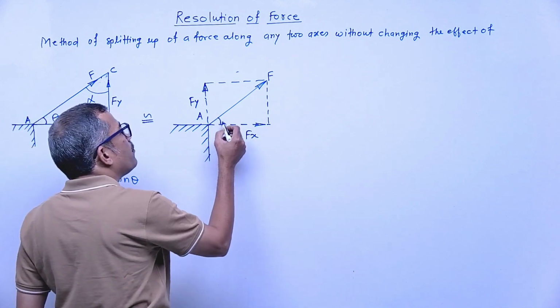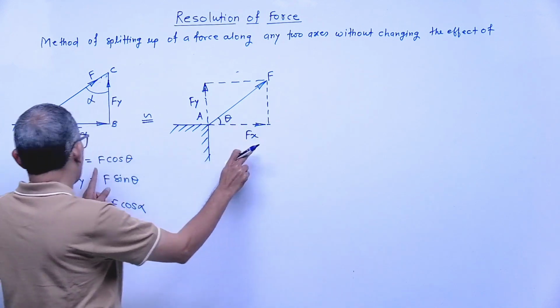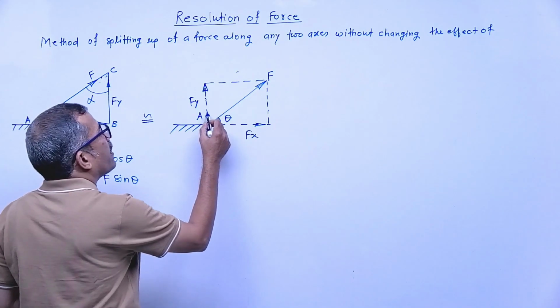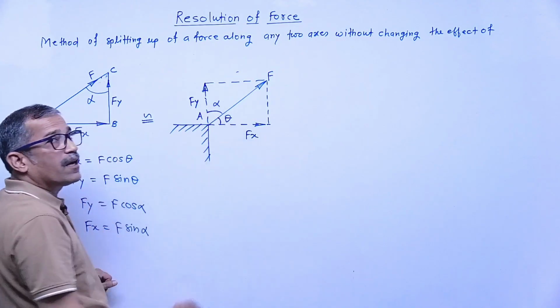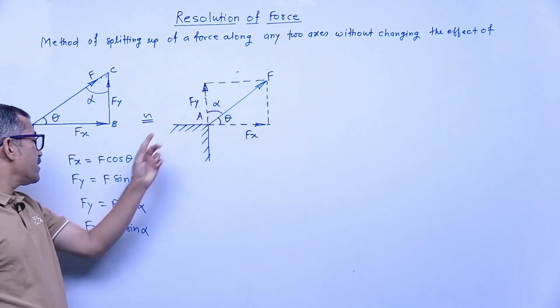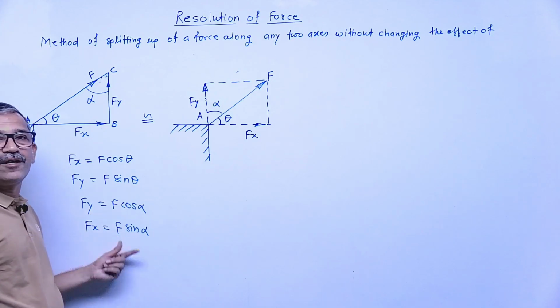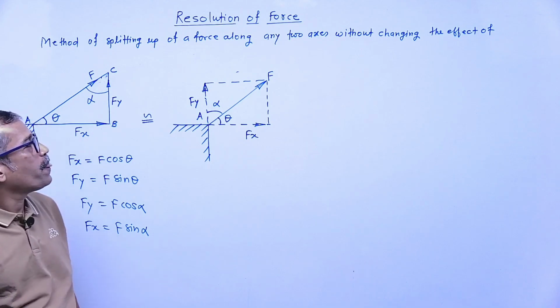Angle is given with the horizontal, so Fx is F cos theta and Fy is F sin theta. Angle is given with the vertical, alpha, so the adjacent is Fy, F cos alpha, and the other component is F sin alpha. All are getting this?